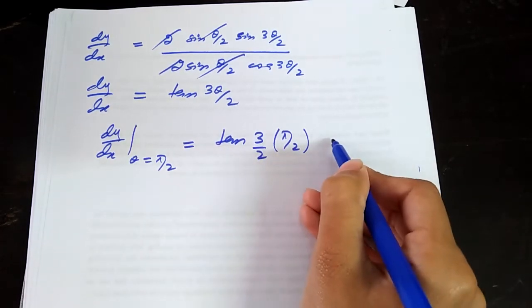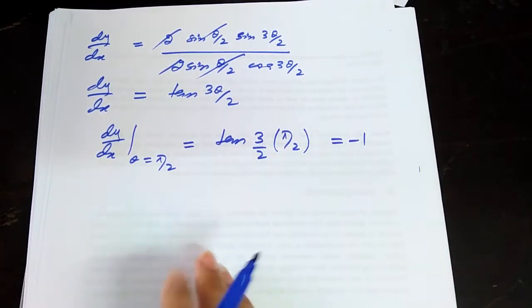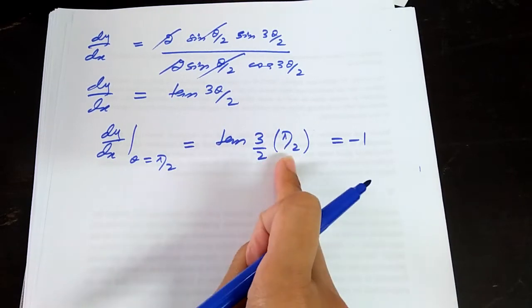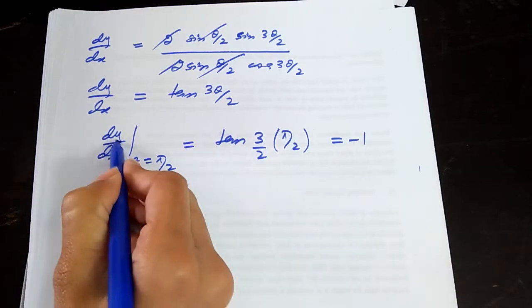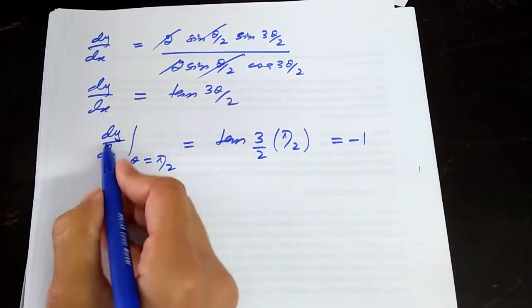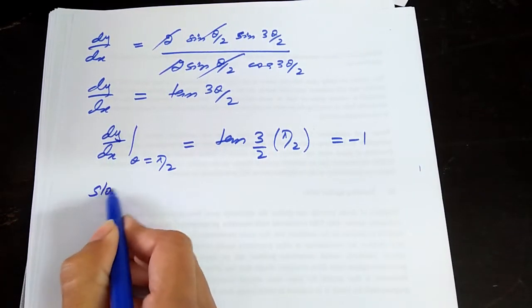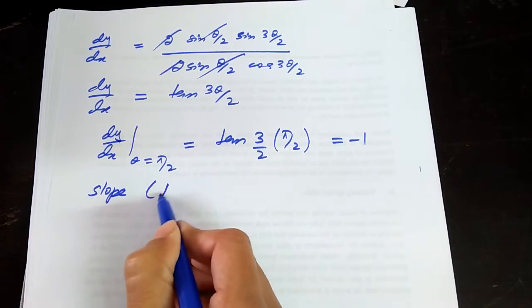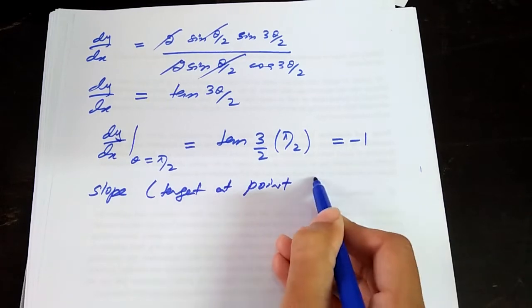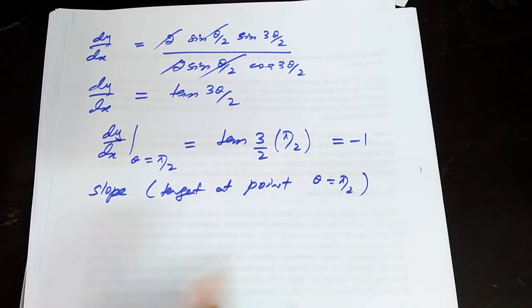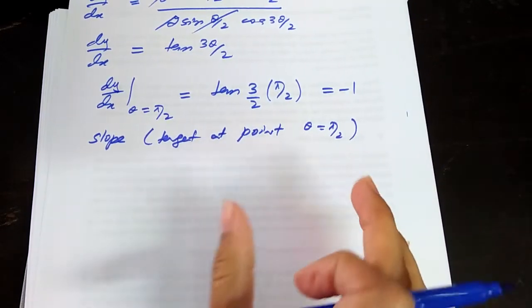After solving, I will get minus 1 because it is tangent 3 pi by 4. Now you got the value of the slope of the tangent at the point theta equals pi by 2.